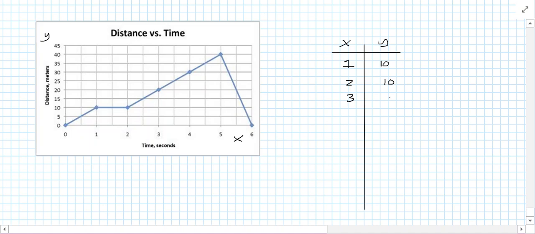When x is 4, y is 30. When x is 5, y is 35. Okay, and then when x is 6, y is 0.